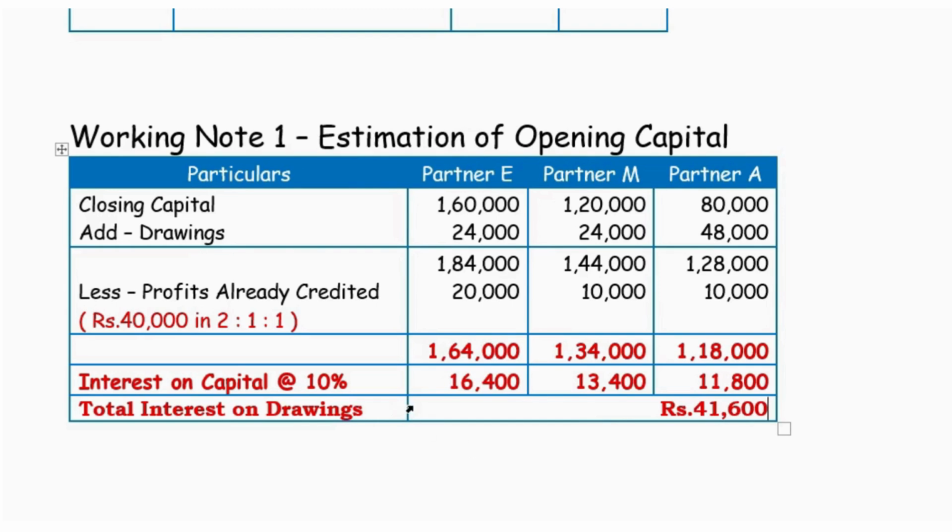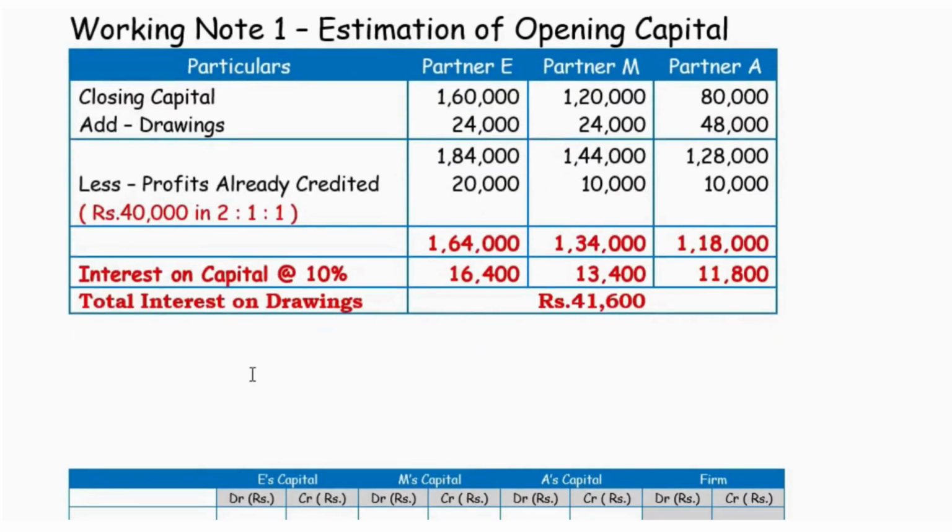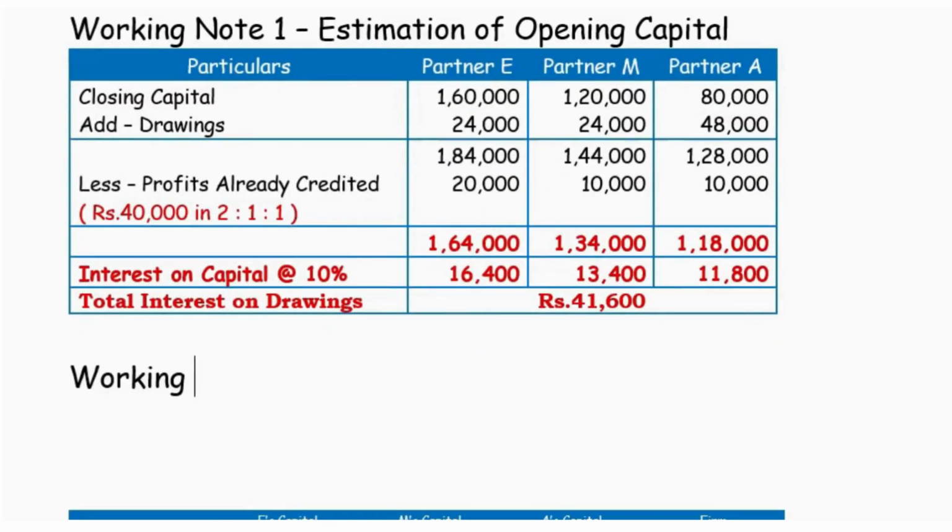It is the total interest on capital for all the three partners. Working note 2 is about estimation of interest on capital. The next working note is about interest on drawings.